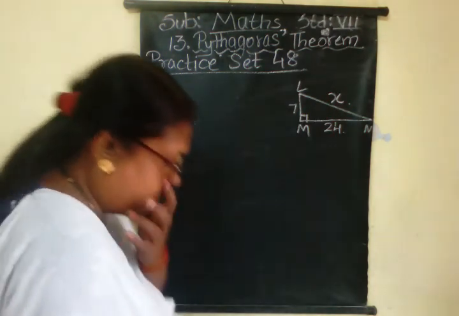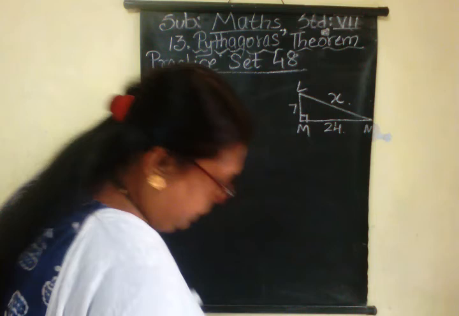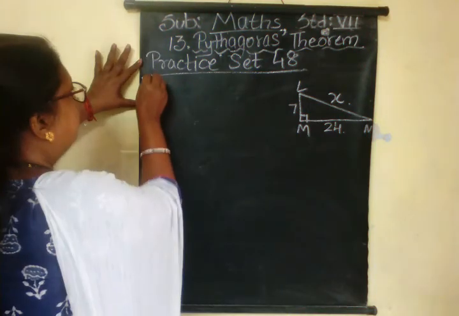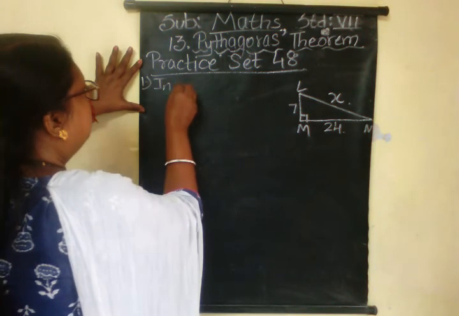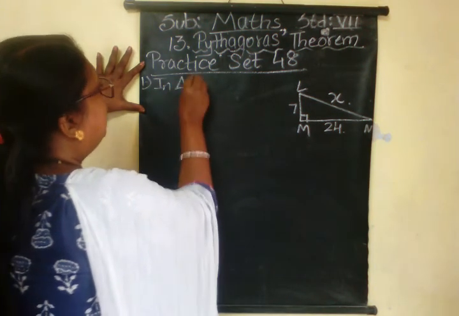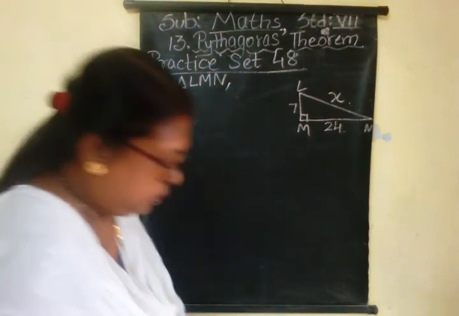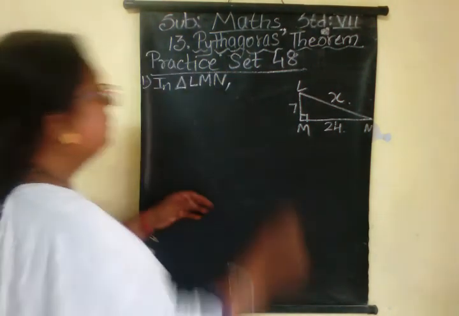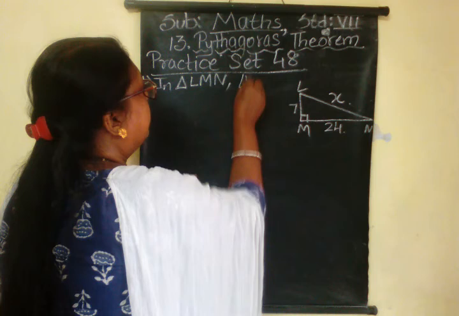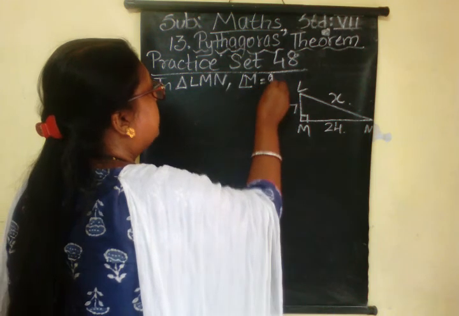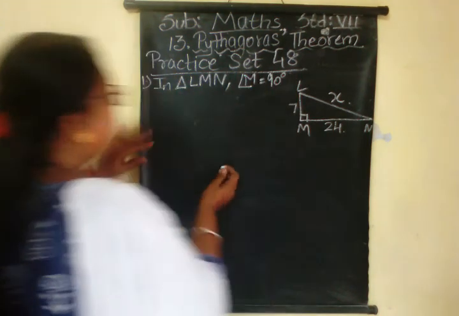So first of all we will write down the things given. First one, in triangle LMN, angle M equals 90 degrees.